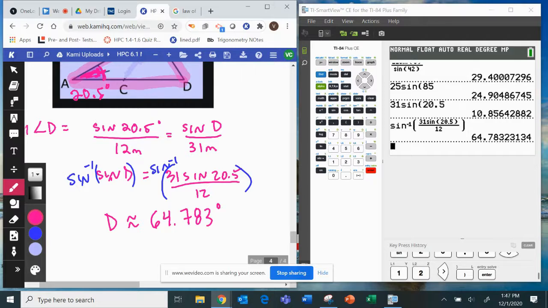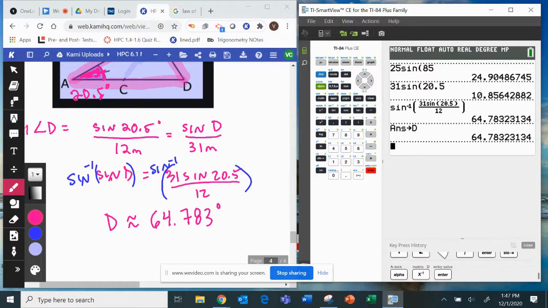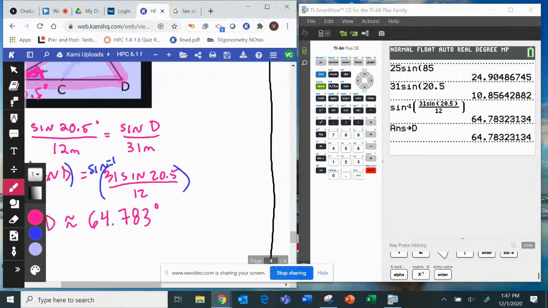Okay, I'll tell you right now that I might use that later. So I'm going to store it. And it's angle D. So I'm going to store it as angle D. We'll hit store, alpha, D, enter. So I just stored it as D because I know we're going to use it later.